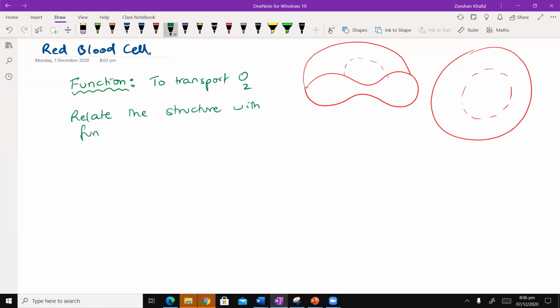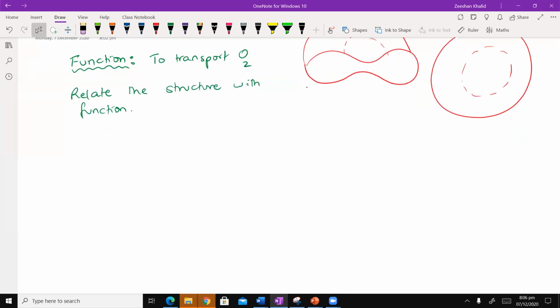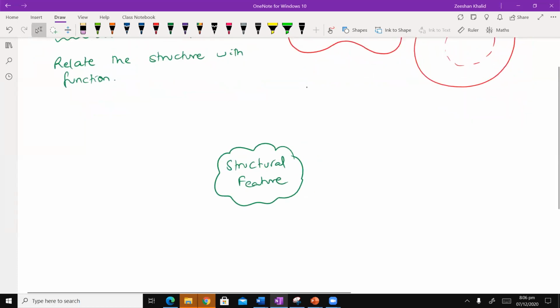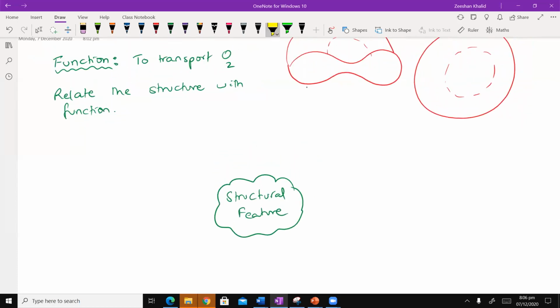What does that mean? I'm going to make a bubble, structural features, and identify some important features that the red blood cell will have, and then we will relate all of those individual structural features with the function, which we now know is to transport oxygen.